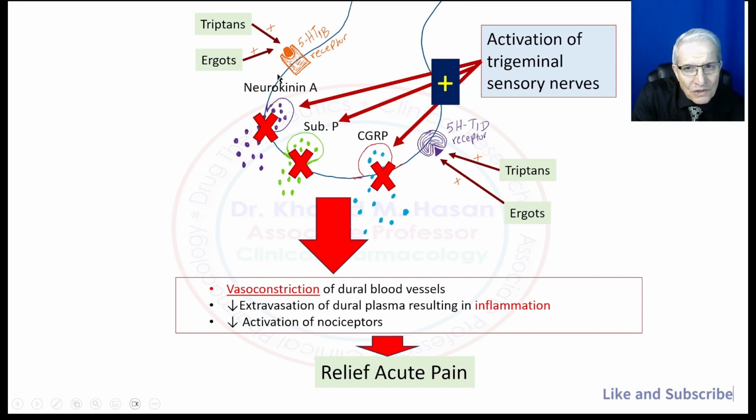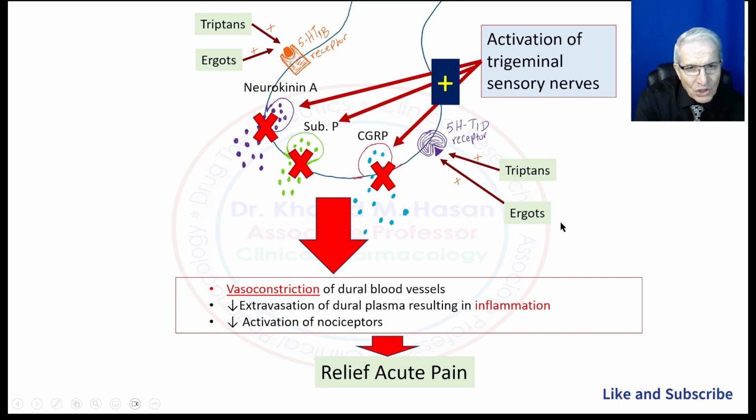The result of this binding will be blocking the release of granules containing neurokinin, substance P, and CGRP. The beneficial result will be, instead of vasodilation, vasoconstriction. Instead of extravasation, we are going to have less extravasation and decreased inflammation. We are going to have less activation of the nociceptors and relief of acute pain.